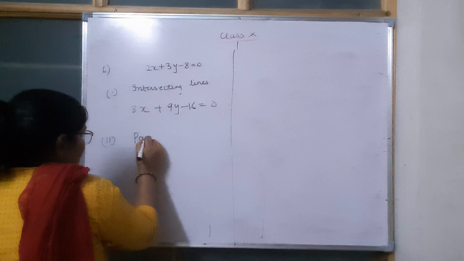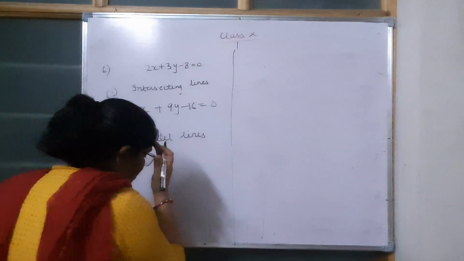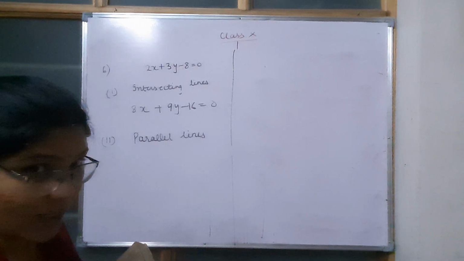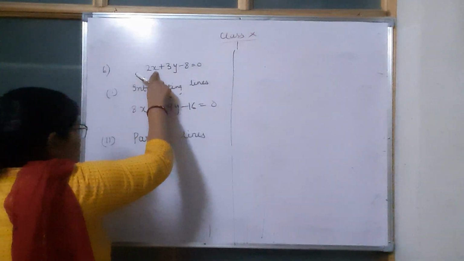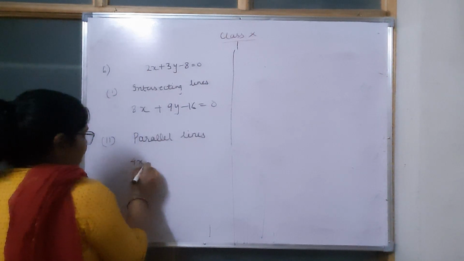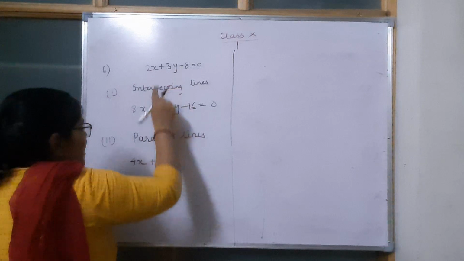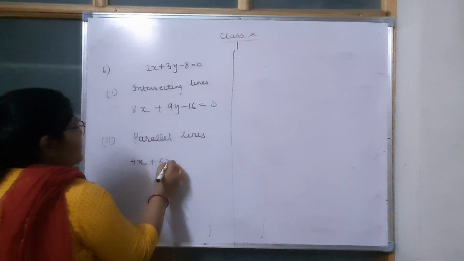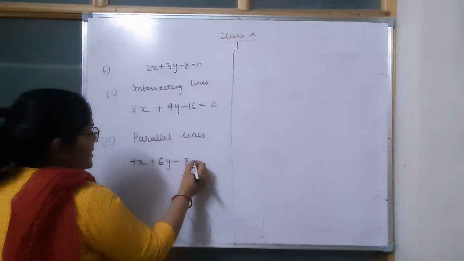Now second, parallel lines. Parallel lines means a1 upon a2 is equal to b1 upon b2, which is not equal to c1 upon c2. So 2x. Can I take 4x here? So the ratio will be 2 upon 4, 1 upon 2. 3 twos are 6, and here I will take minus 8.